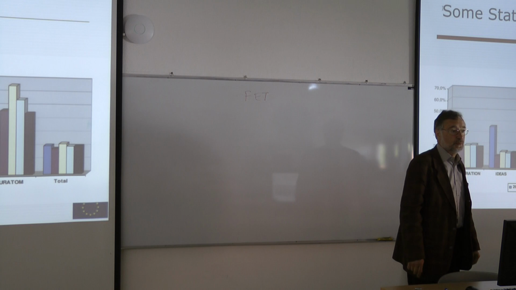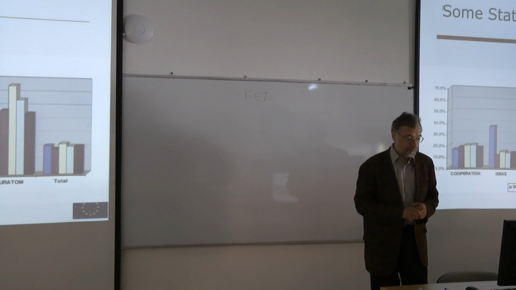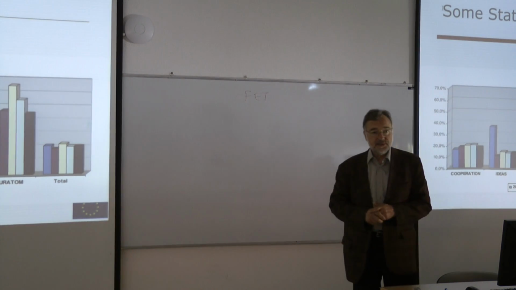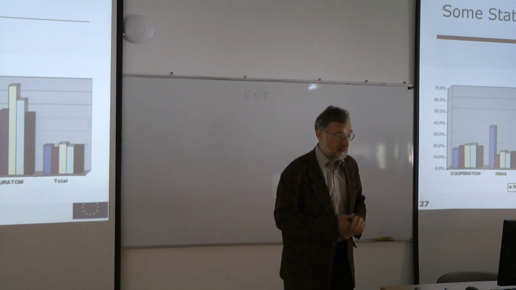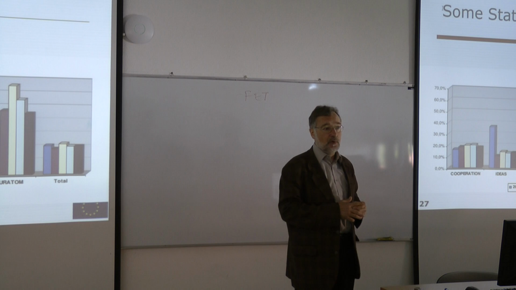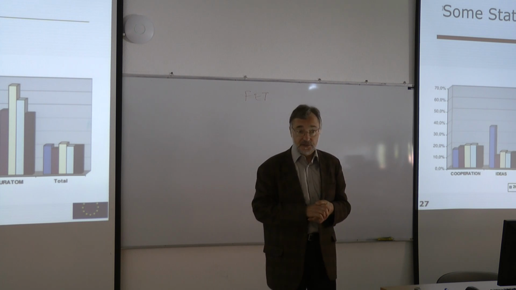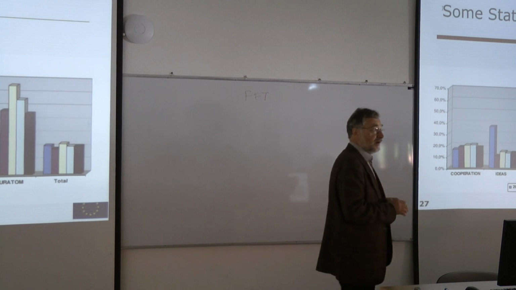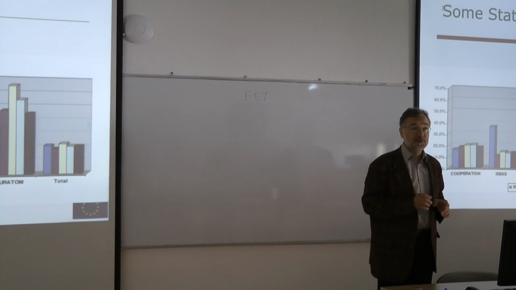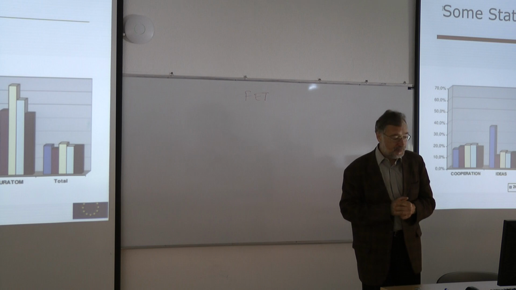Let me conclude with some statistics. You may ask the question, how many proposals are accepted? So I just said to you there were around 1,500 individual projects financed. The finance means that they were considered as good proposals by the European Commission.